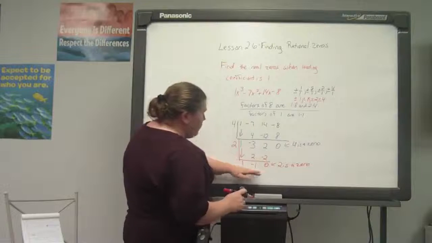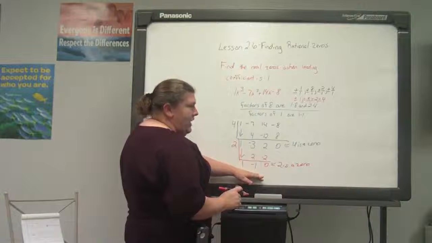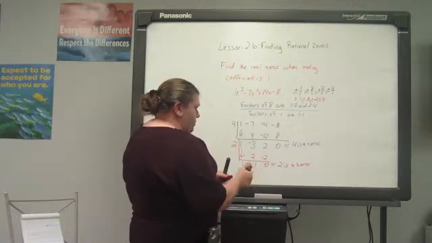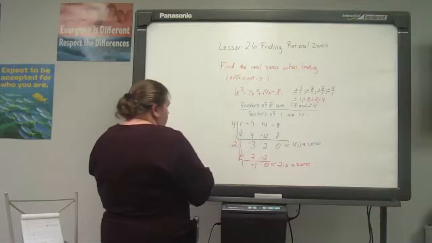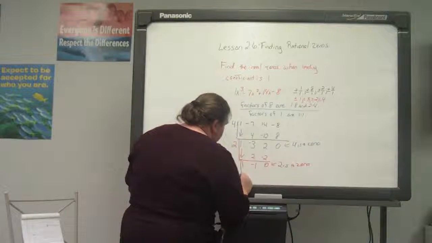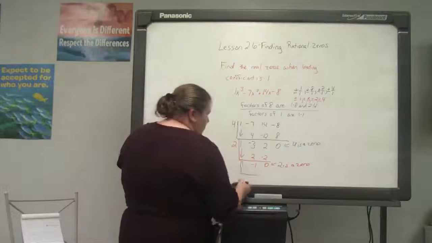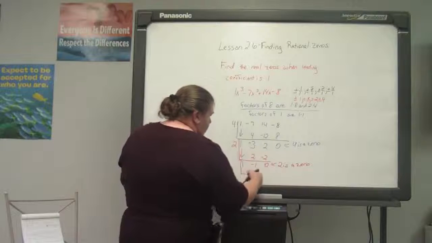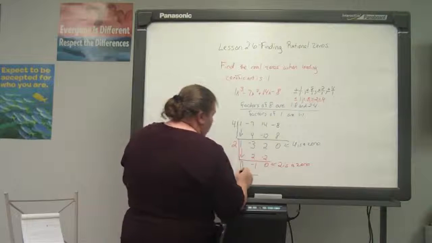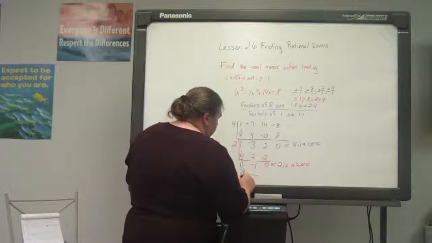Now, I still have 2 numbers here, so that means I have one more possible zero. And so I'm going to try one more synthetic, and I want it to cancel out the -1 after I bring my first one down, which is 1.